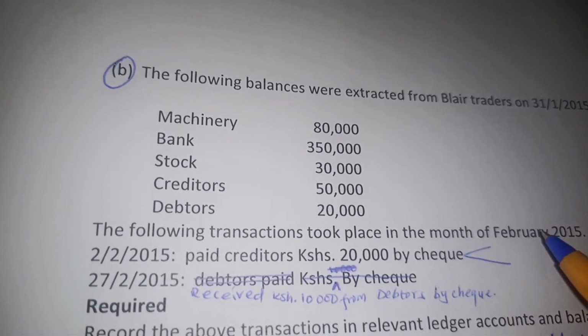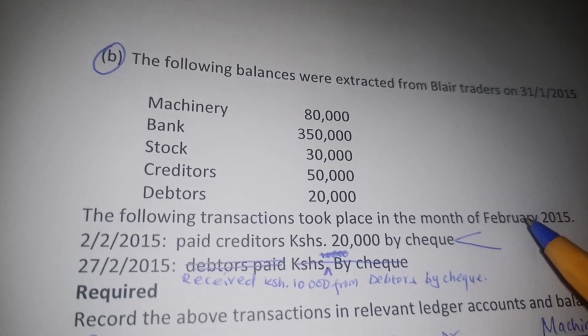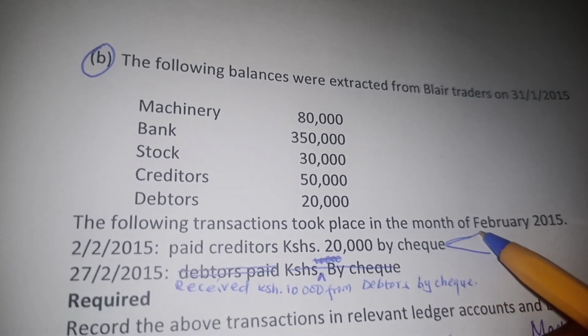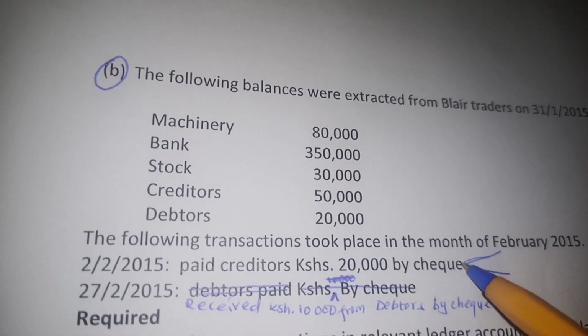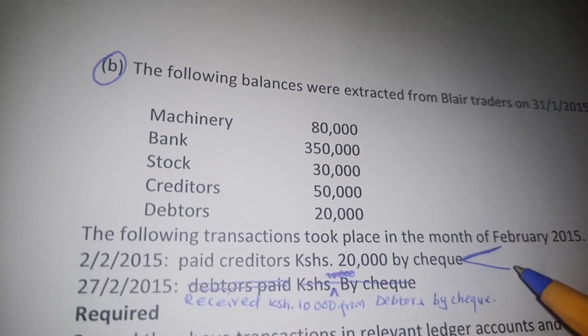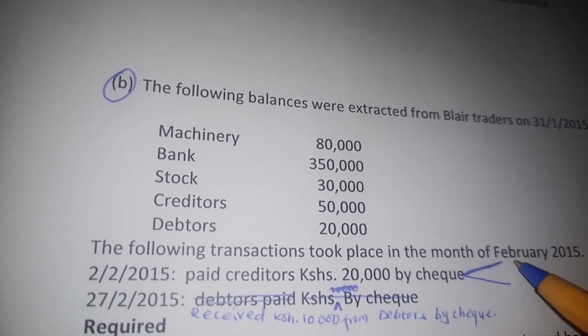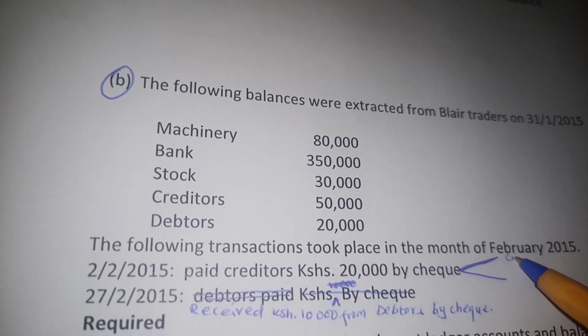Where Blair Traders paid creditors, the amount owed to creditors reduces by 20,000.